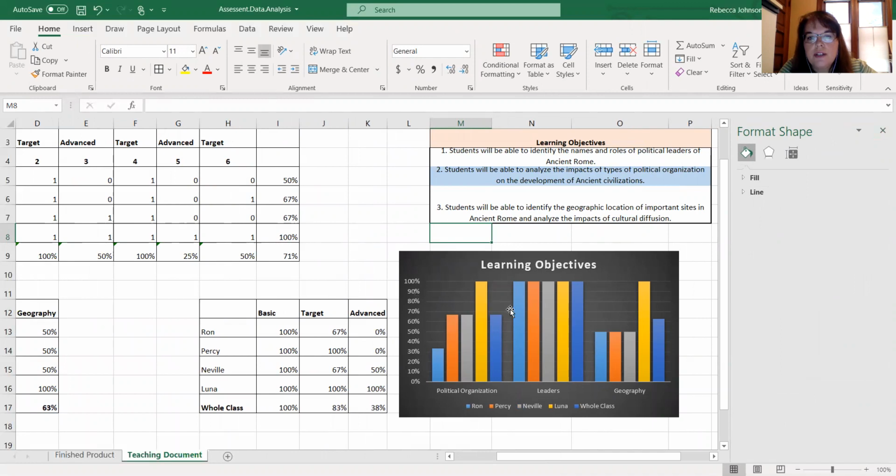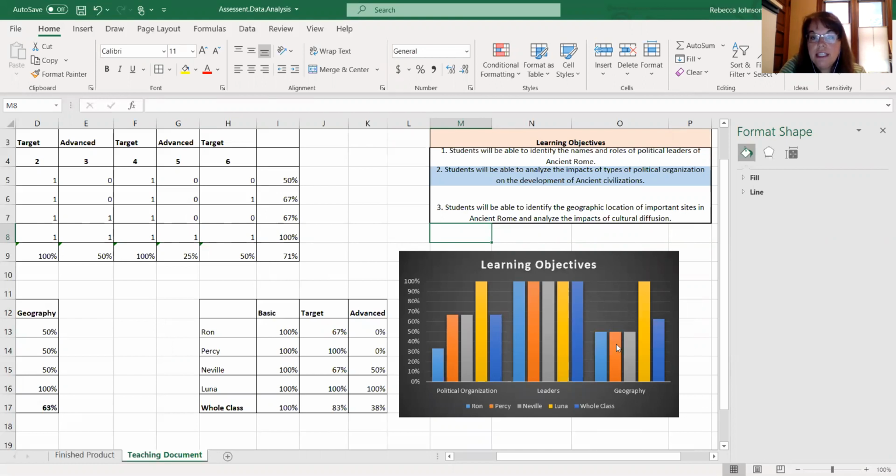So now it's up to 100%. Now, when I'm having a discussion about how students did and do they know the leaders and can they talk about it, I can say, clearly my learning objective about leaders, students met that learning objective. On the test, they were able to demonstrate their knowledge of leaders. Across the board, the whole class was able to answer that, right?